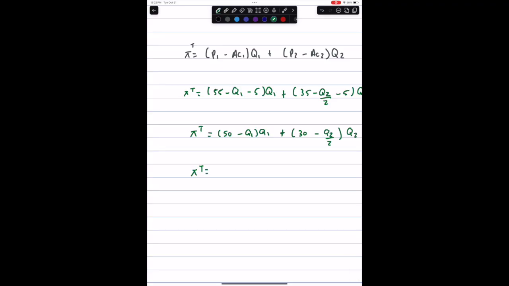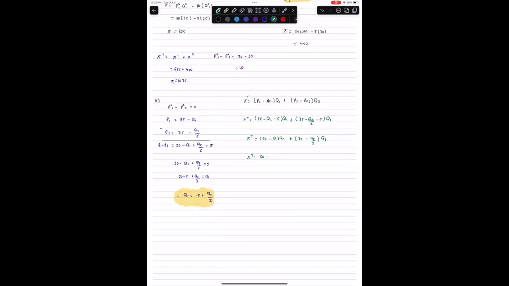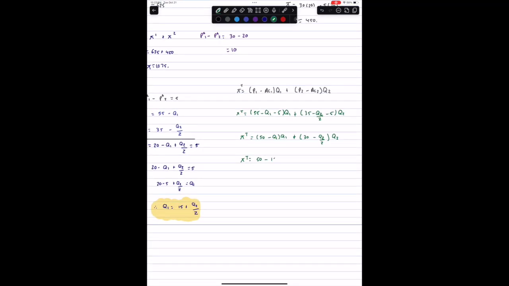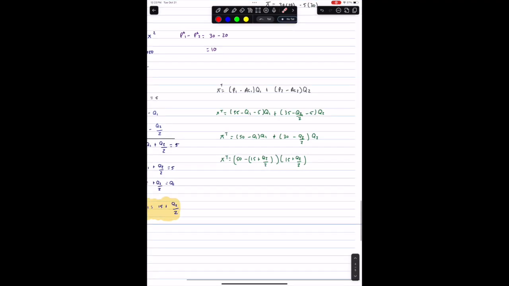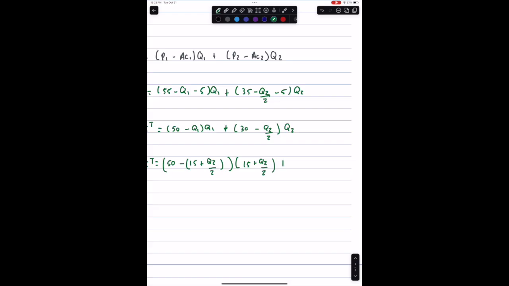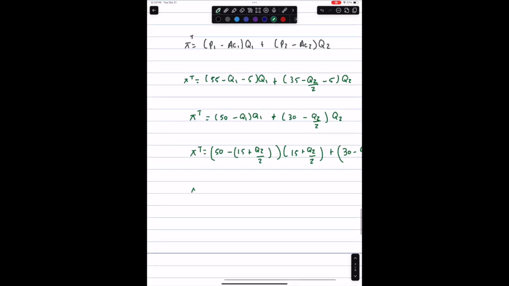So profit total is equal to 50 minus, in brackets, 15 plus Q2 over 2, times 15 plus Q2 over 2. All we did is we substituted this Q1 equal to 15 plus Q2 over 2 into our profit equation. And then we're just going to keep the right side the same, plus 30 minus Q2 over 2 times Q2.